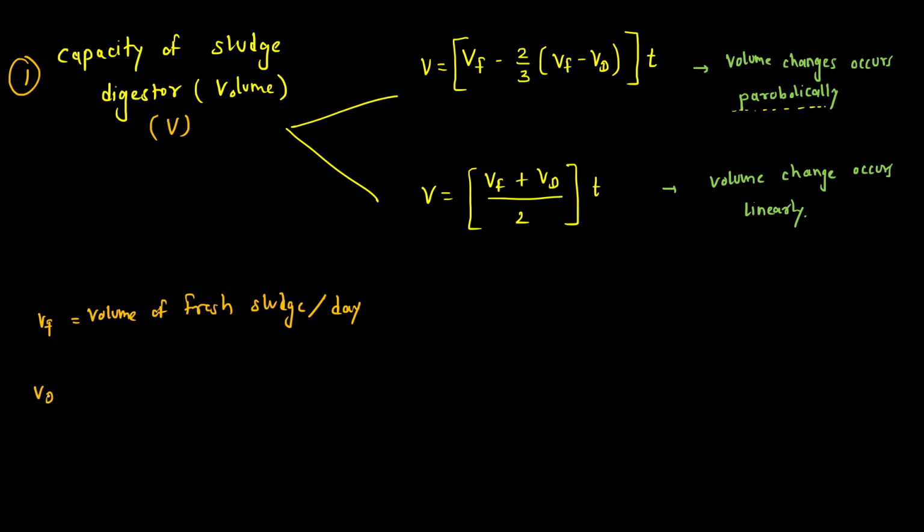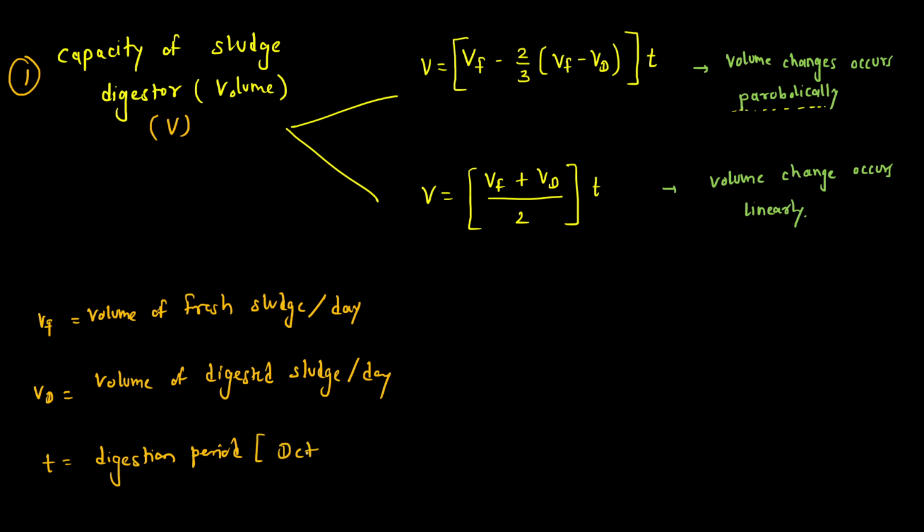Then second is Vd. So this is volume of digested sludge per day, and T is called as digestion period, or this is also called as detention period.